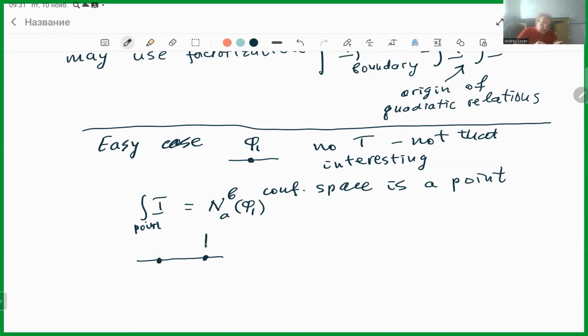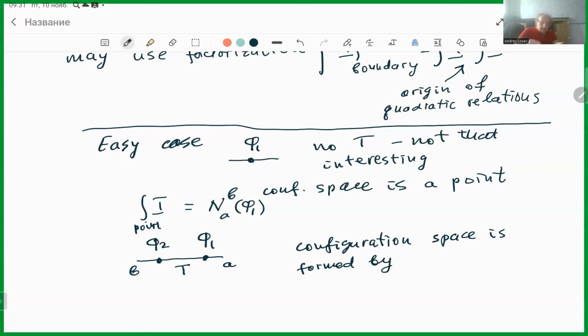Now suppose I have phi 1 and phi 2. And I have T standing here, and here I have A, and here I have B. The configuration space is formed by two copies of R plus.